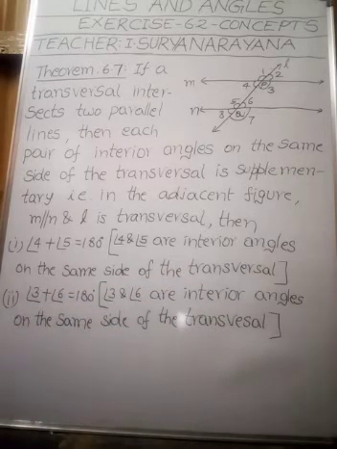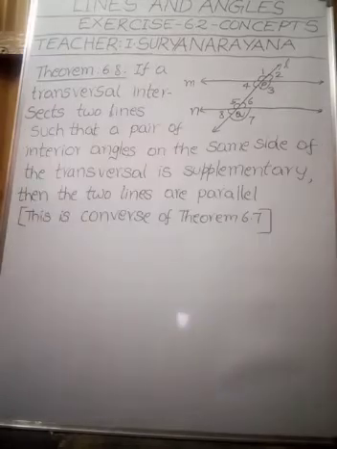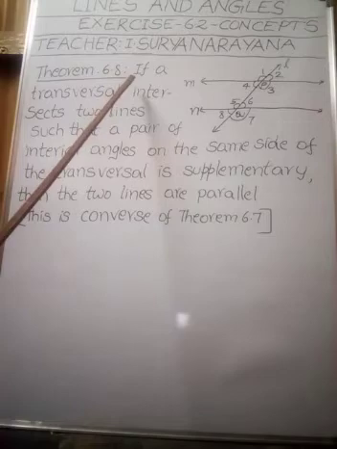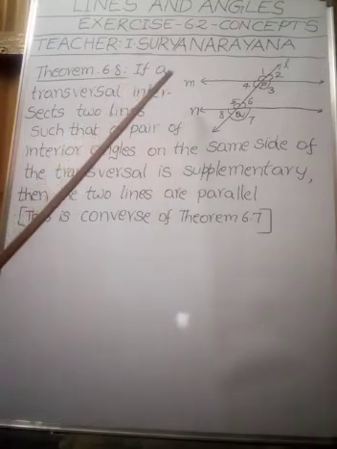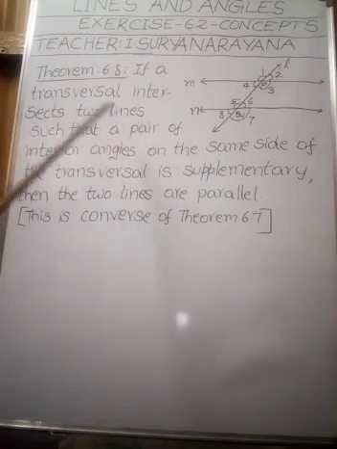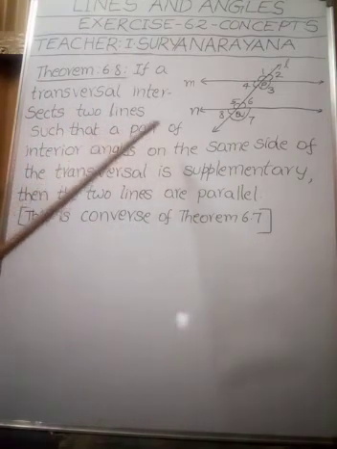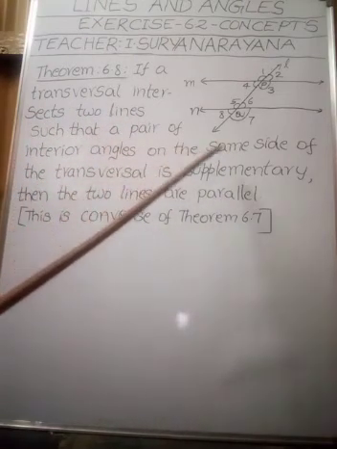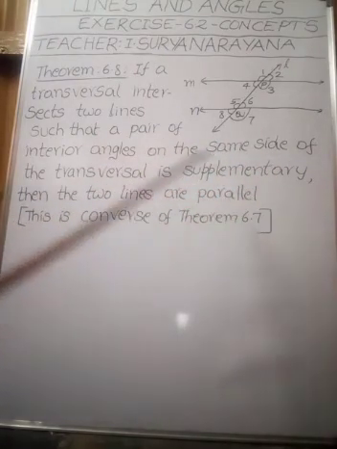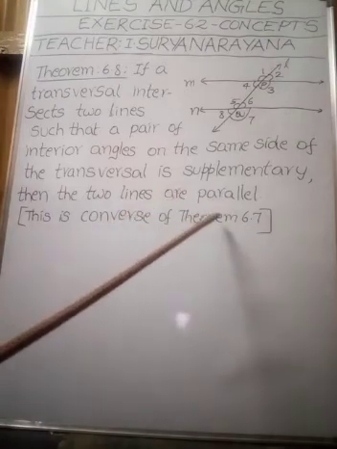Is it clear, my dear children? Right. Now come to the next theorem, that is 6.8. Theorem number 6.8. If a transversal intersects two lines such that a pair of interior angles on the same side of the transversal is supplementary, then the two lines are parallel.